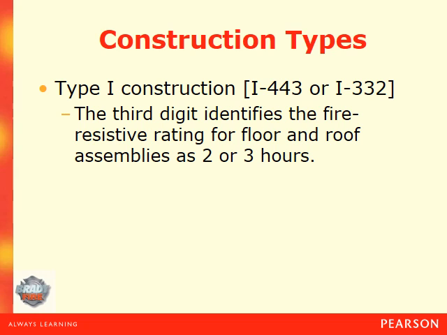The third digit identifies the fire resistance rating of the floor and roof assembly, so 2 to 3 hours, again depending on the source. So this is a type 1 construction with 4-hour, 4-hour, and 3-hour ratings on each subcategory.